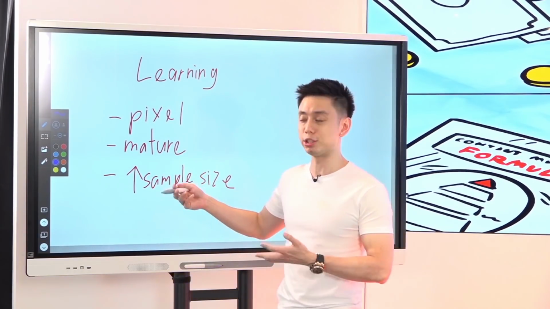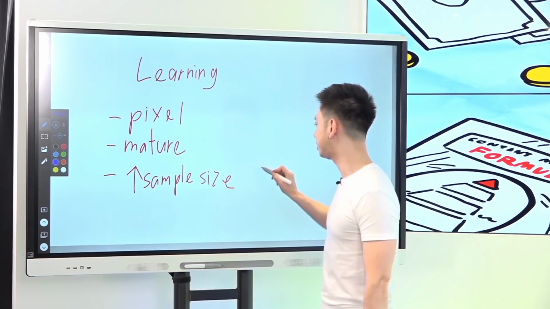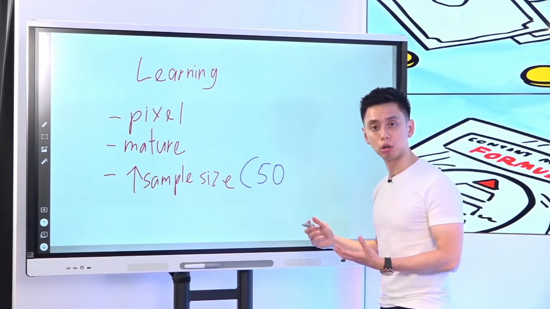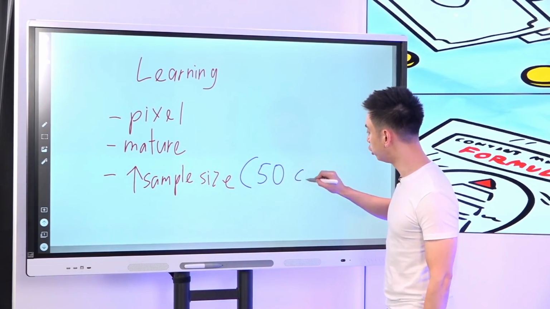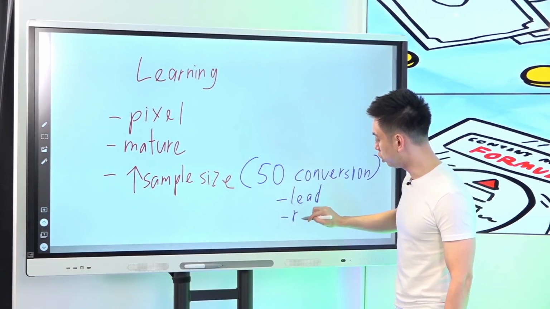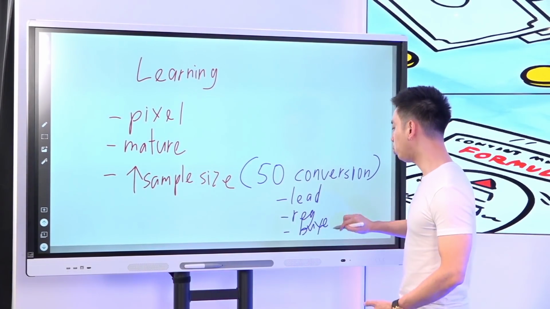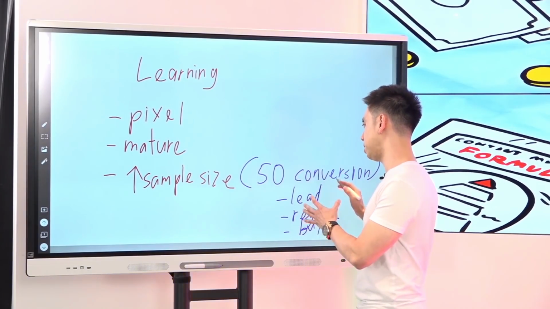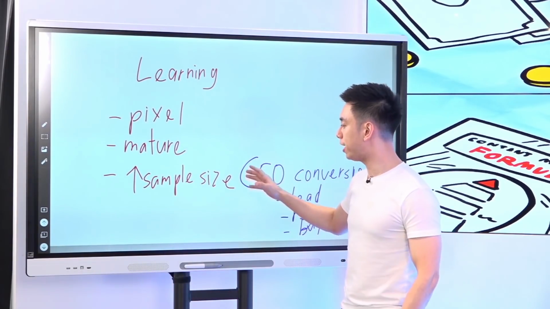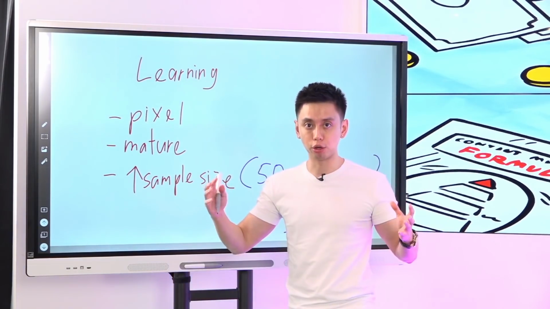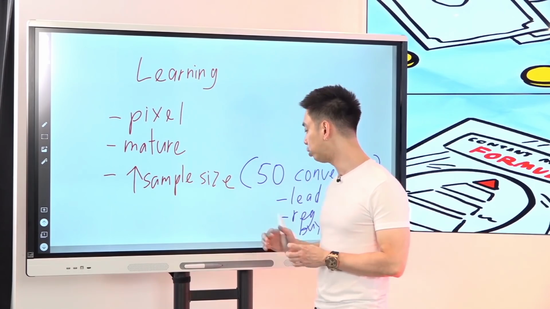Usually the sample size required for them to make a good conclusion is 50 conversions. A conversion could be a lead, a webinar registrant, or a buyer. When you have 50 of them, that is a conclusive enough sample size so that Facebook can give you more targeted people, buyers, based on their algorithm, and allow the algorithm to do the heavy lifting.